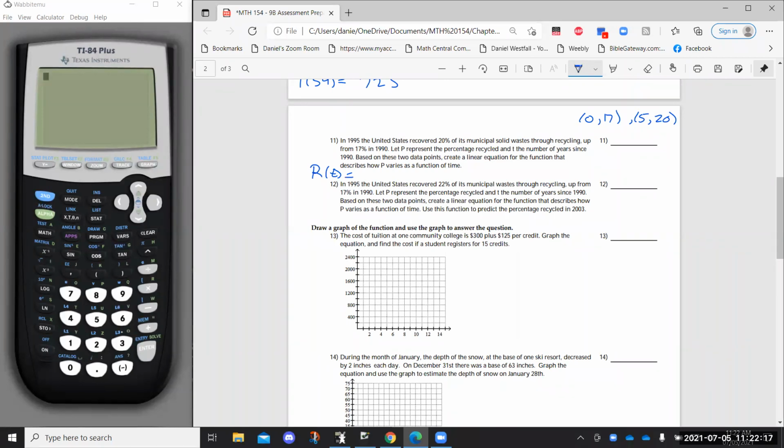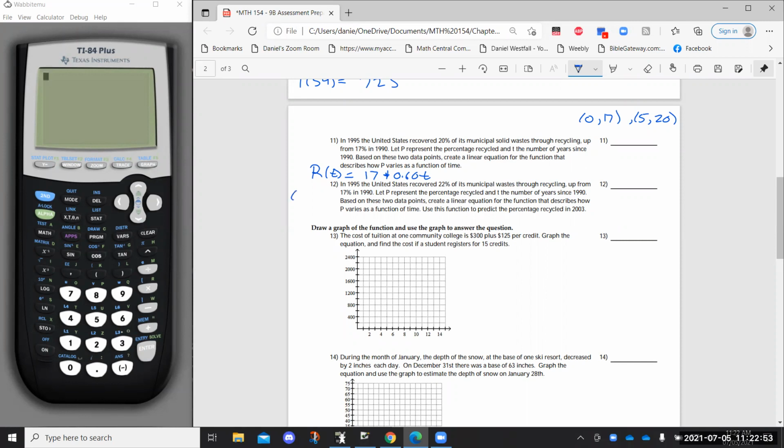It's going to start off at 17%, and then it's going to go up by 3/5, or 0.60 T, 0.6%, like that. So similar problem, different data points.